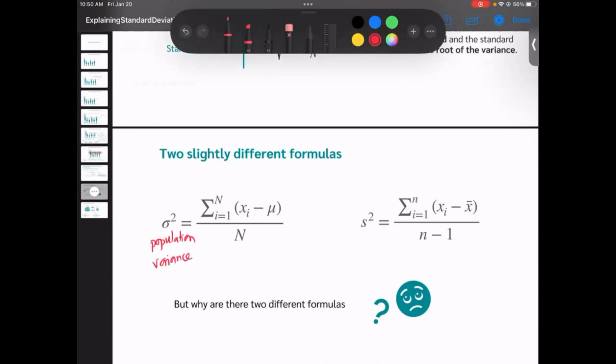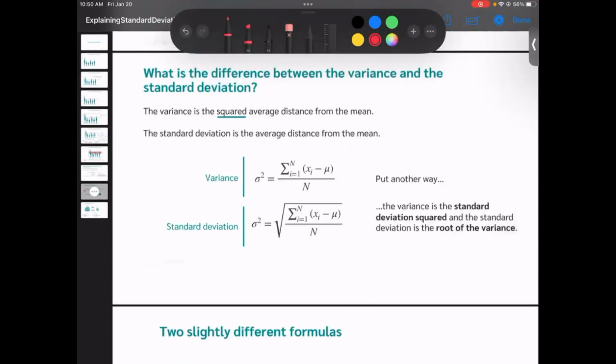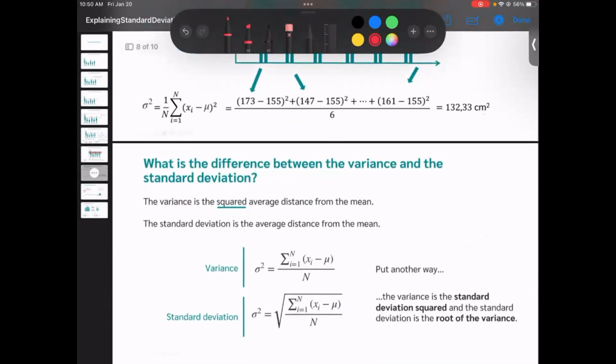When I take the square root of the variance, what do I get? Standard deviation. I remember right here. This should be a, sorry, there's no square there. When I take the square root, the variance becomes the standard deviation. And usually we look at this. It's kind of difficult to look at something squared. The number is too big.